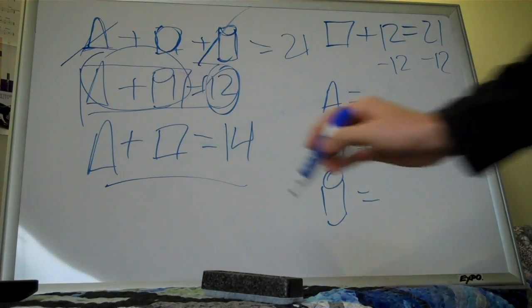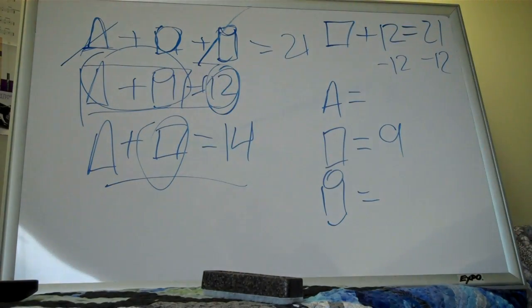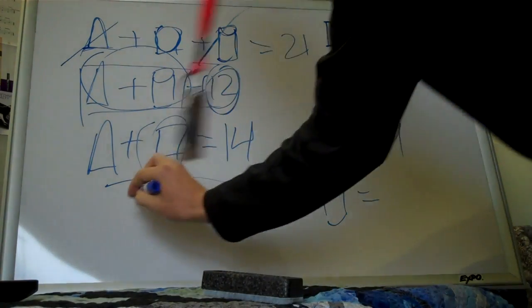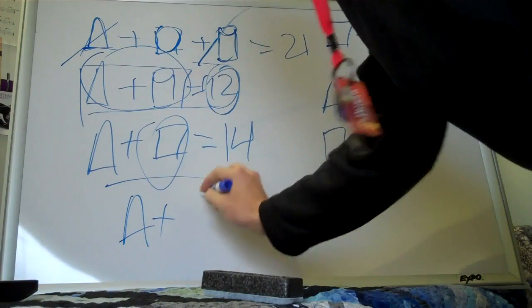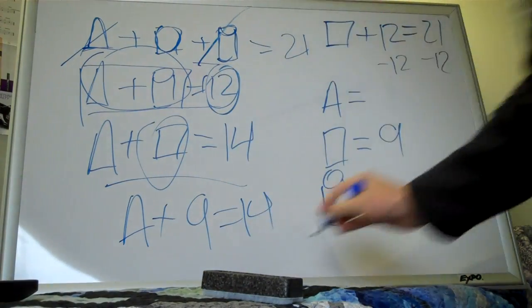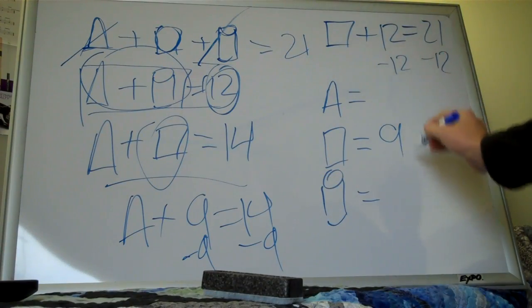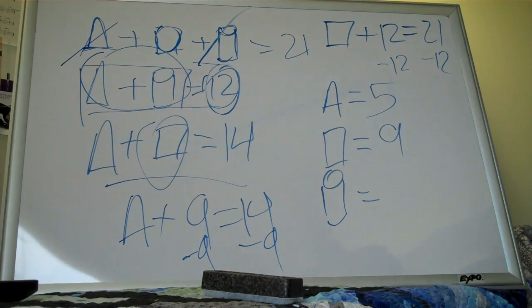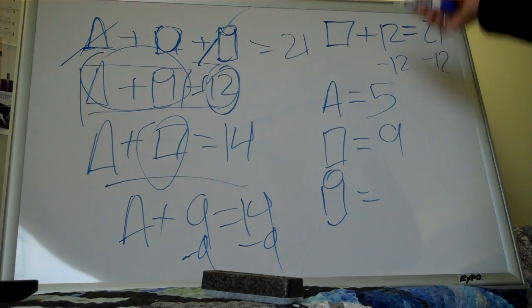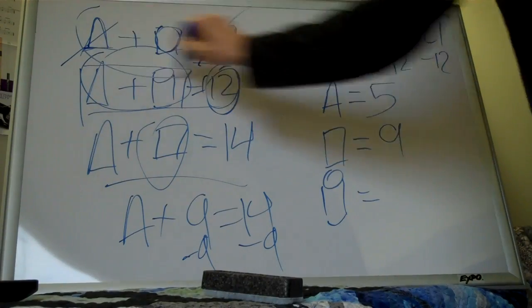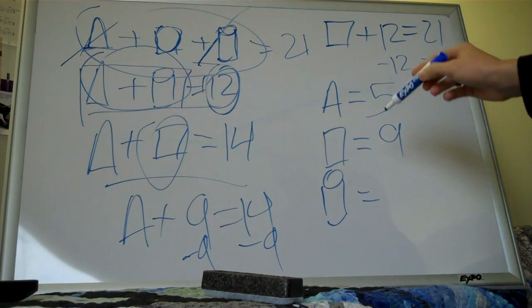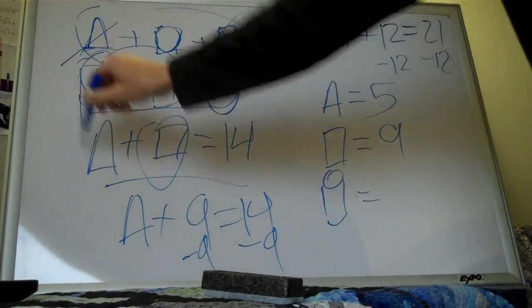Okay. See down here, here's a square. Another substitution that we can do. So triangle plus 9 will give us 14. Do the same thing as with the 12, subtract 9, and you get triangle is equal to 5. And lastly, to get cylinder, there's two ways you can do it. You can substitute your triangle and square into your top problem, or you can just look at this problem down here and substitute triangle in.